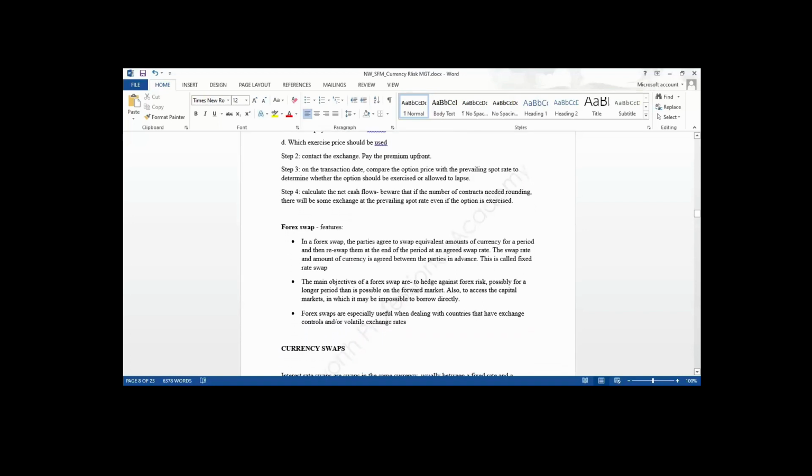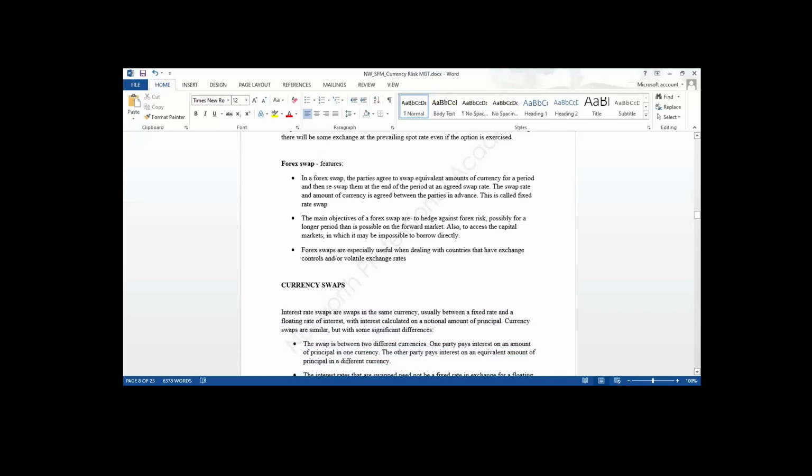So please note that under the forex swap, you can have currency swap.